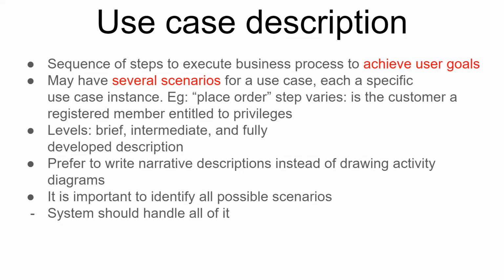In the use case description, we have several levels of detail: brief, intermediate, and fully developed. I think it's self-explanatory how brief compares to fully developed. We will show you examples down the line. The use case description is pretty narrative compared to the drawing we just saw.